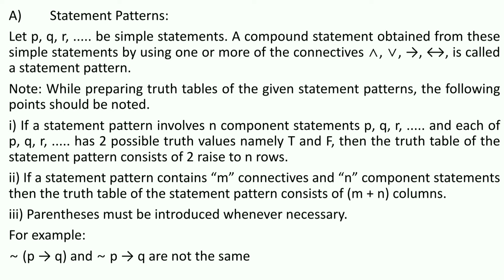Note, while preparing truth tables of the given statement patterns, the following points should be noted. First, if a statement pattern involves n component statements p, q, r and each of p, q, r has two possible truth values, namely T and F, then the truth table of the statement pattern consists of 2^n rows.